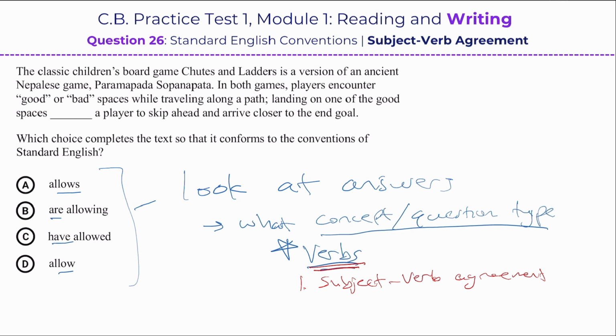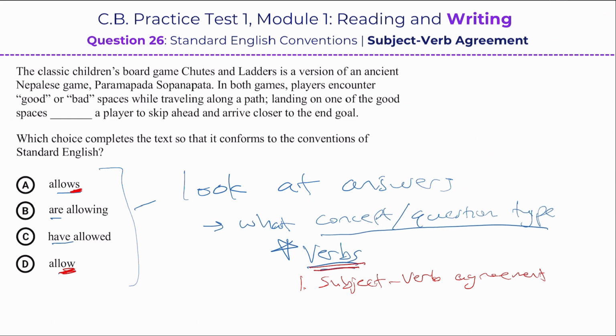If you notice a difference between a singular and a plural verb in at least 2 of your answer choices, then you know that subject-verb agreement is one of the things you're being tested on. Notice answer choice A has the singular verb allows, he allows, it allows. And answer choice D has a plural verb allow.